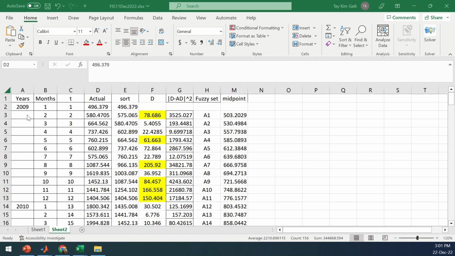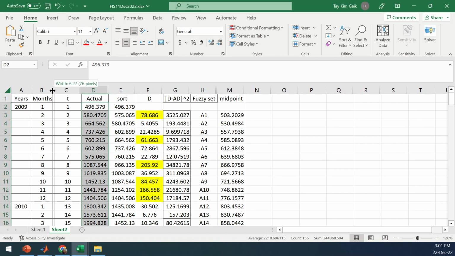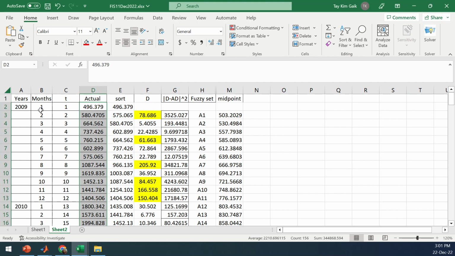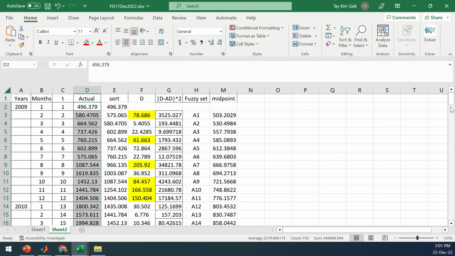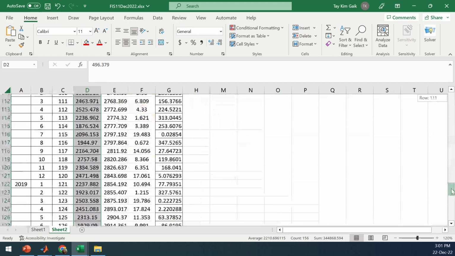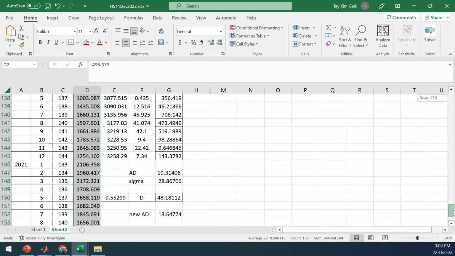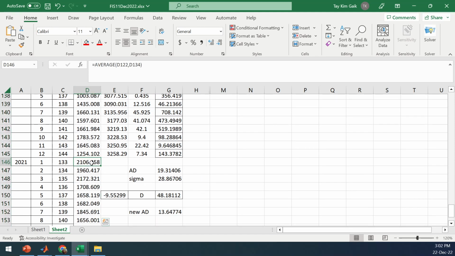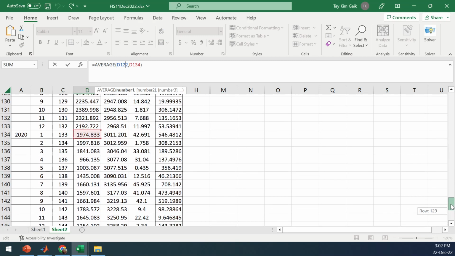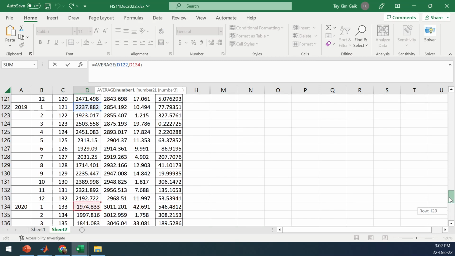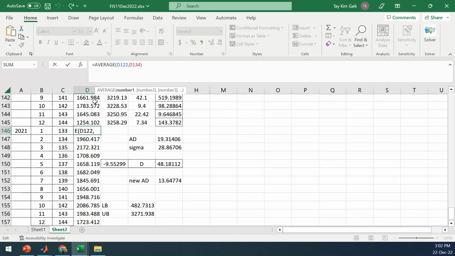Here we have the data from January 2009 until December 2020. This 2021 is actually the average of 2019 and 2020.